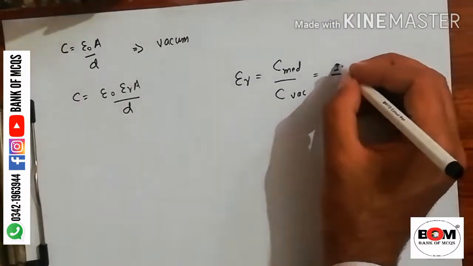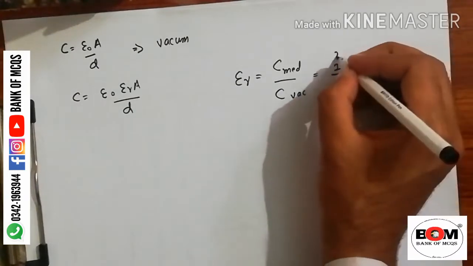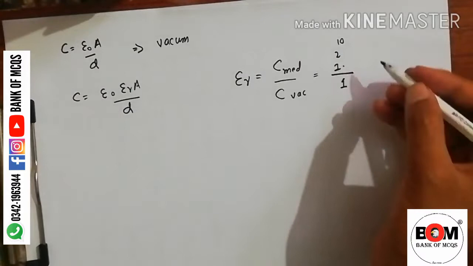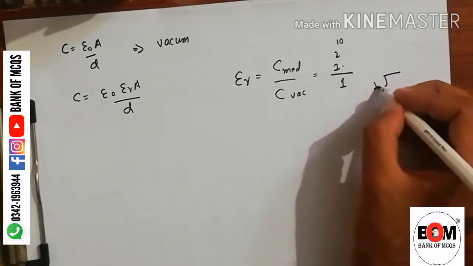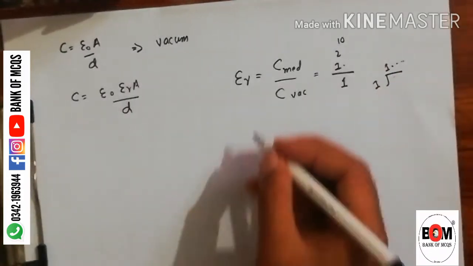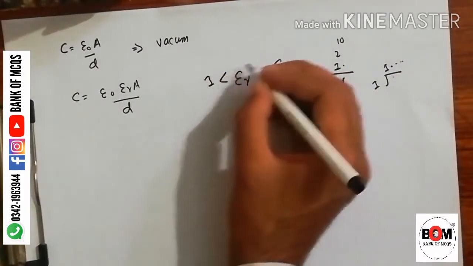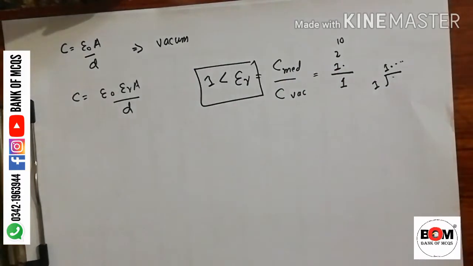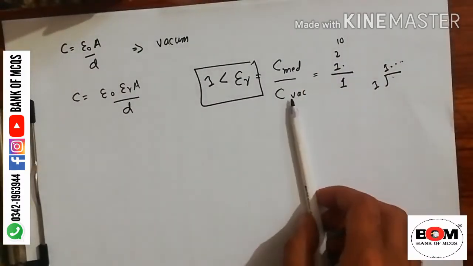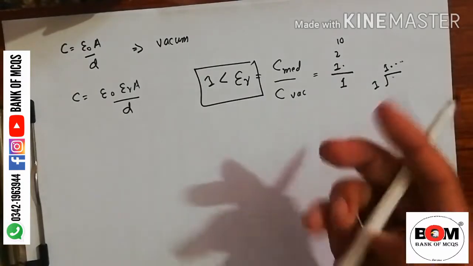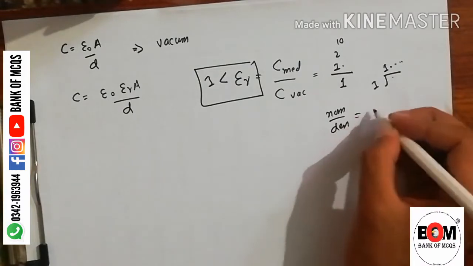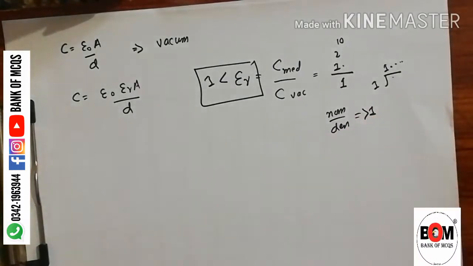So it will be 1 point something, or 2, or 10, but it will be greater than 1. So the ER value is always greater than 1, because C medium is always greater than C vacuum. If the numerator is greater than the denominator, the value is always greater than 1.